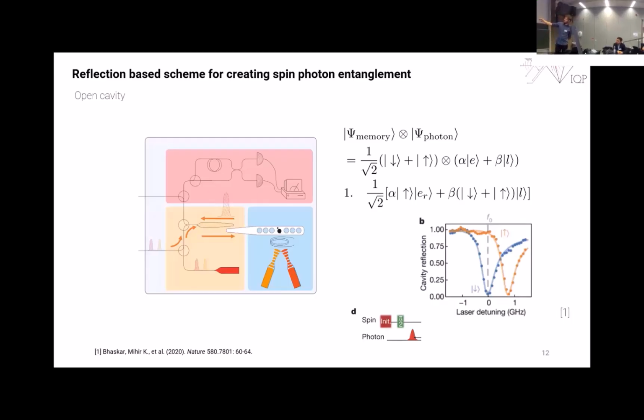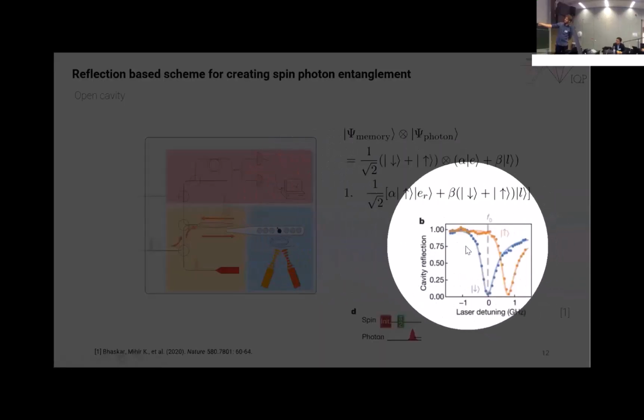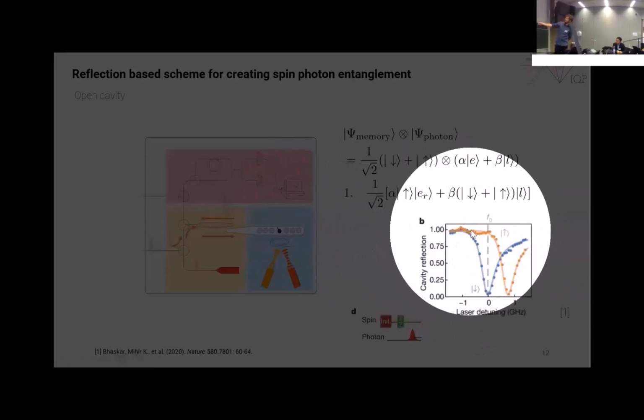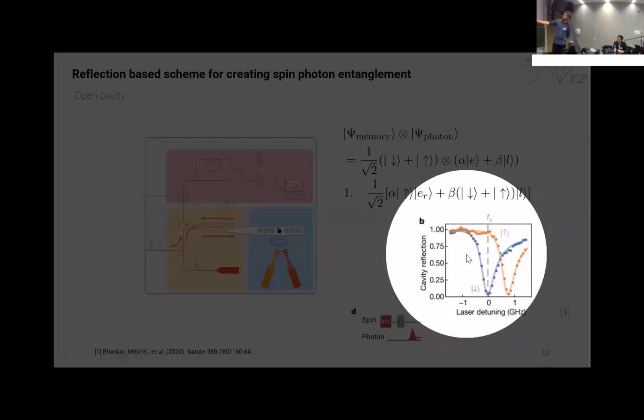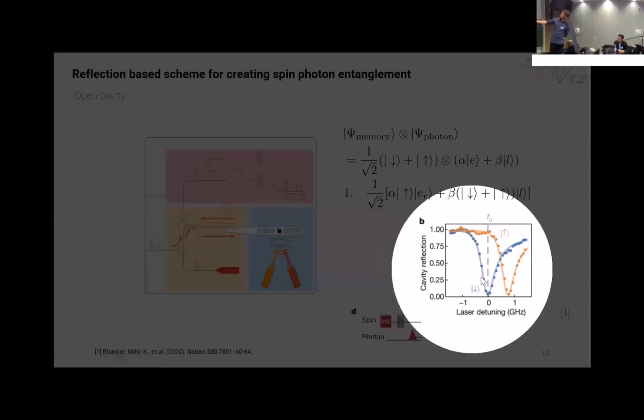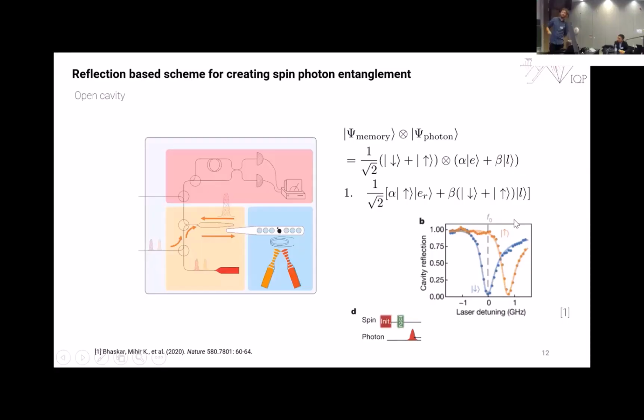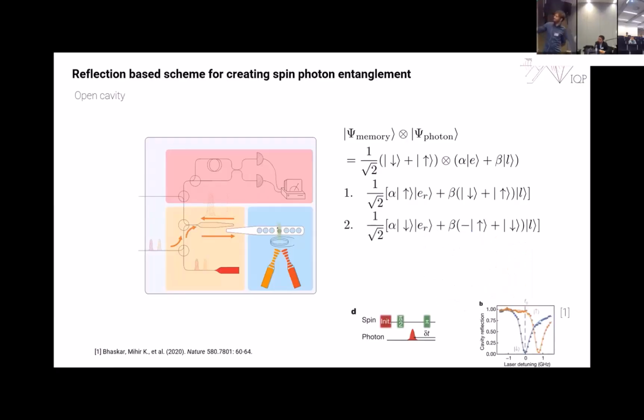And what you can see here now is that the cavity reflectivity depends on the spin state. So the cavity becomes transparent, so photons will just fly through it, if the spin is in spin down, and it's reflective if the system is in spin up. Now what happens with the first photon? It's reflected. Since I prepared a superposition, my reflectivity is also respecting that, and the first photon gets reflected, but only conditional on this spin state.